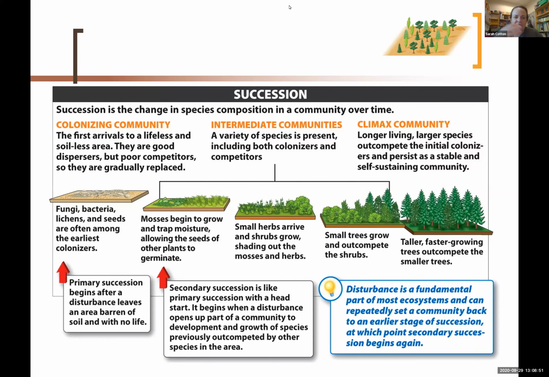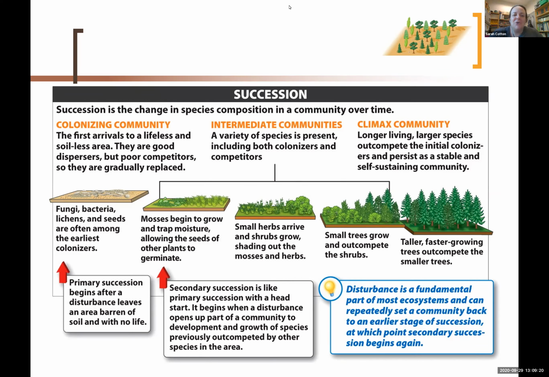There's no soil, there's nothing that's alive. It's just like bare rock, essentially. Those two conditions produce primary succession, right? So the initial beginnings of not just life coming to an area, but even the buildup of soil. That's primary succession.